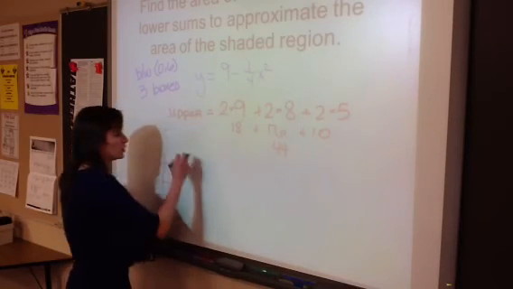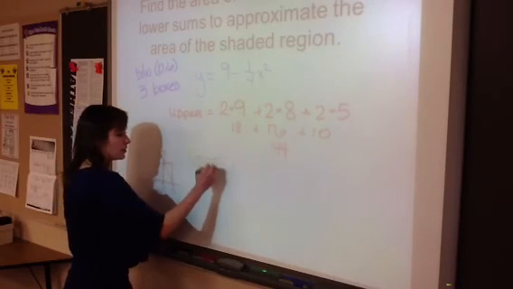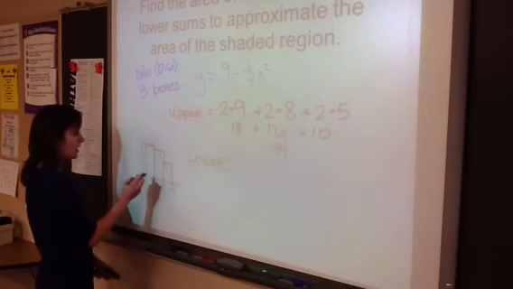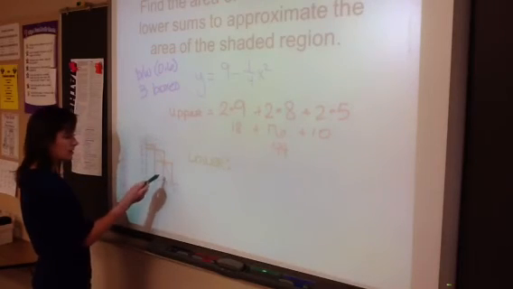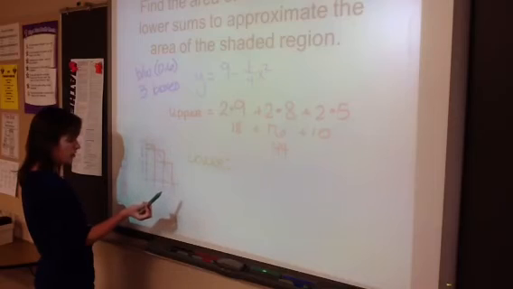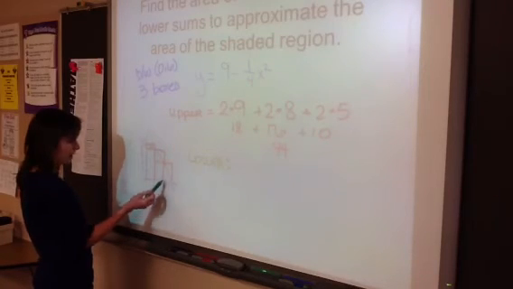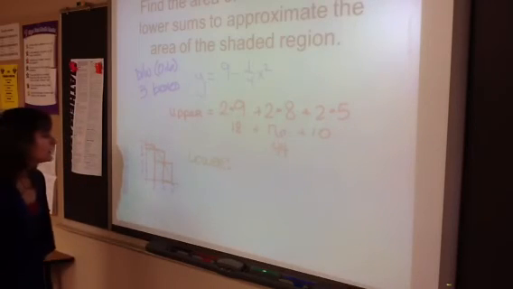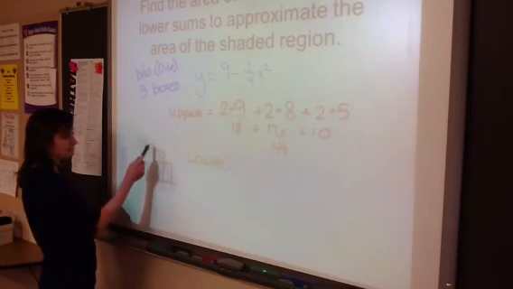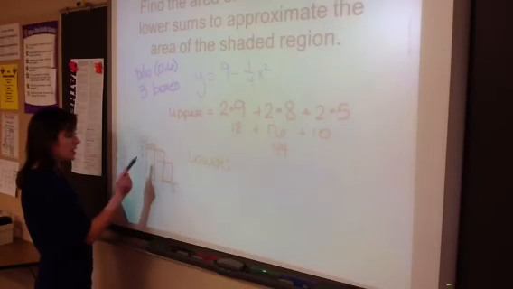So now to find our lower, we are going to draw our boxes. Notice the green box will now match with our old red boxes.